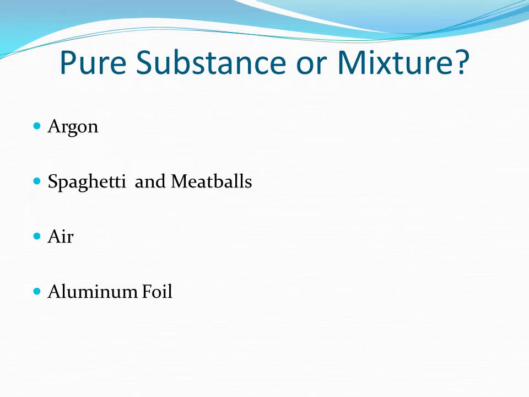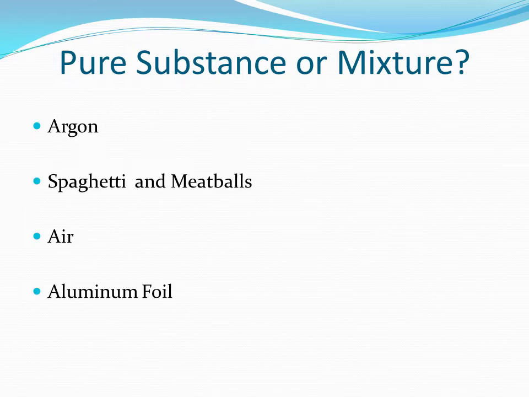Let's take a minute, look at these four examples, and try to determine if they are pure substances or mixtures. We have argon, spaghetti and meatballs, my favorite, air, and aluminum foil. Argon is a gas. It's one of our noble gases in group 18 in the periodic table.